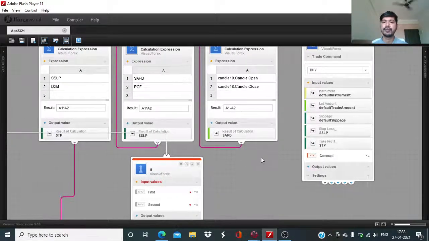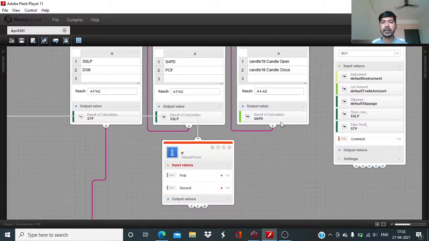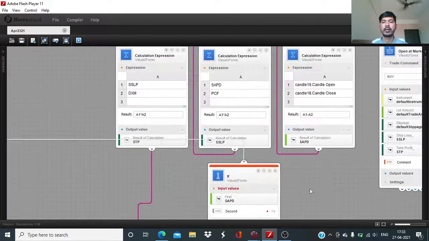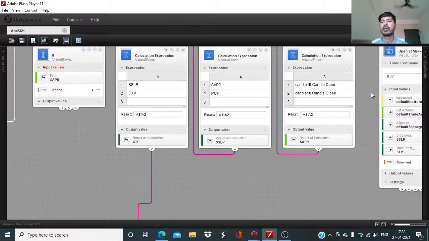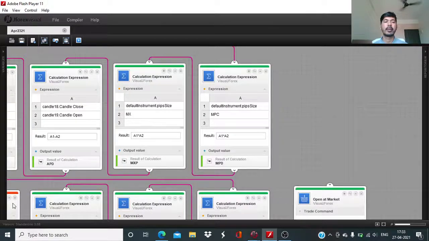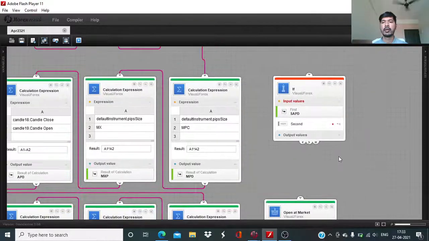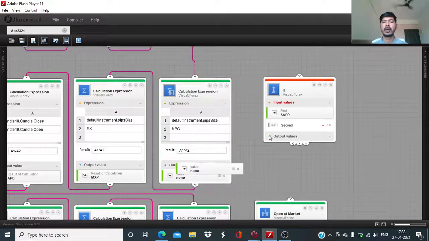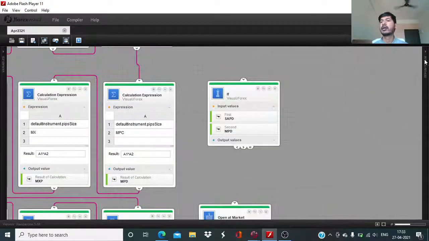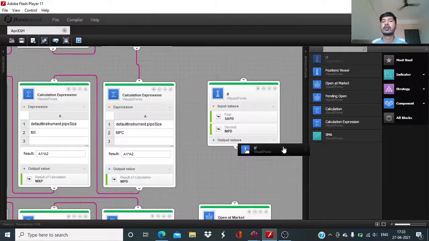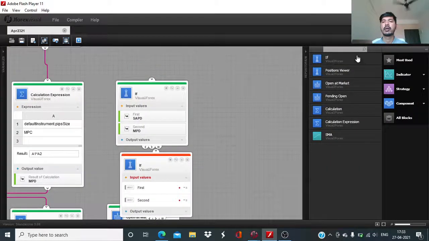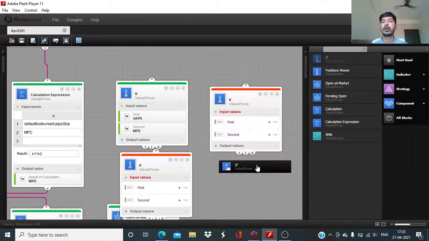Now we have to compare this difference with the minimum requirement and the maximum requirement. This should be greater than MPD. I will have to take a couple of if blocks.